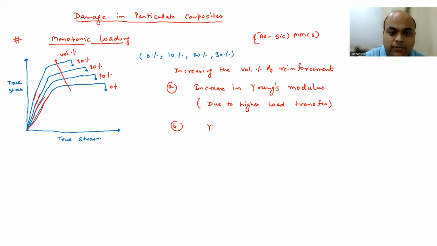Second, you are going to see increasing yield strength. You can clearly see here, right? Your yield strength is also increasing as you increase the volume percentage. Okay, and why is this happening? Because of the contribution from indirect strengthening.